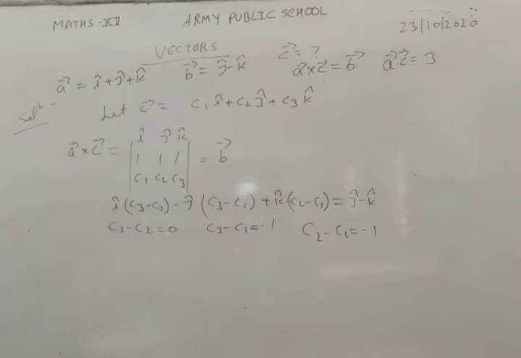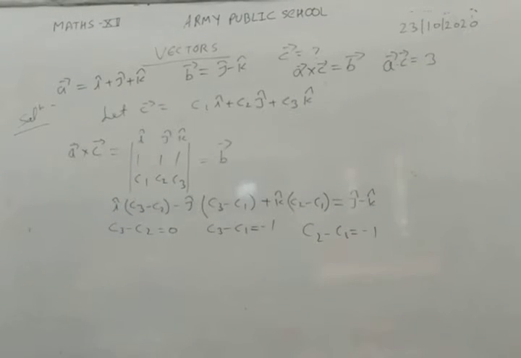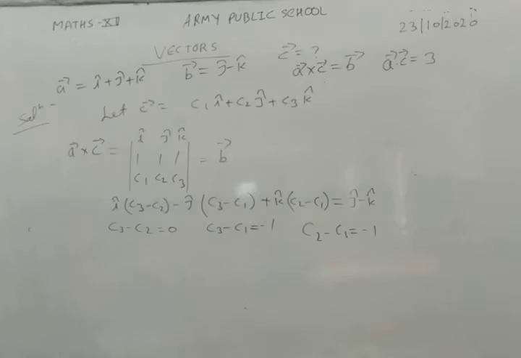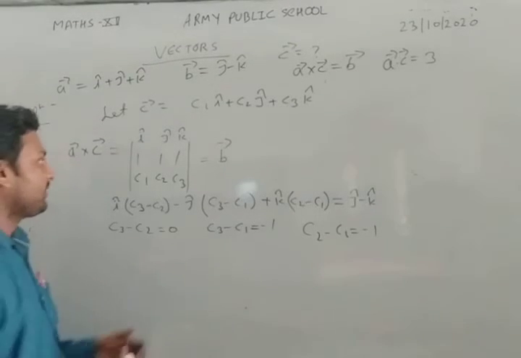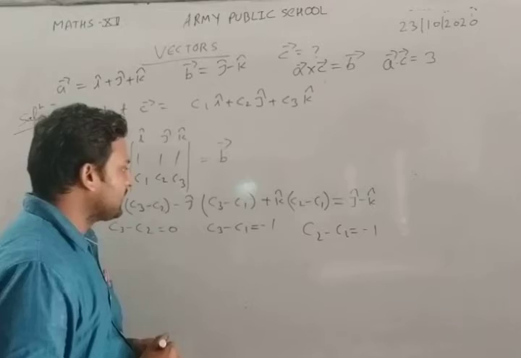After comparing both sides, we get C3 minus C2 is 0, C3 minus C1 is minus 1, and C2 minus C1 is minus 1. Now this is the first condition.